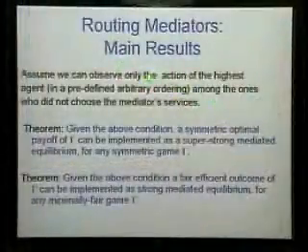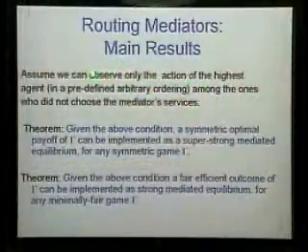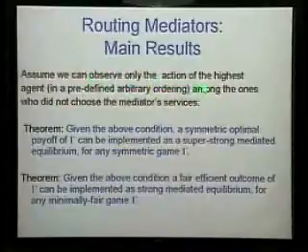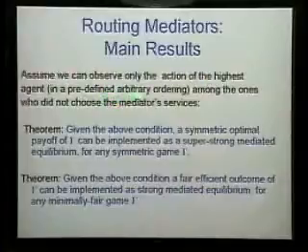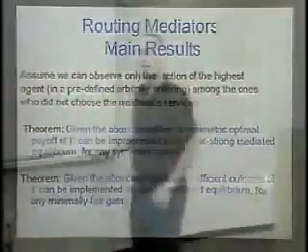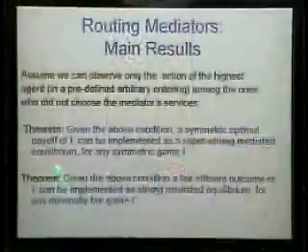For those of you who don't like people that can see everything, I just prepared 2 other theorems. So assume that we can observe only, that's just an example, only the action of the highest agent in some predefined arbitrary ordering among the ones who didn't choose the mediator services, just some bit of information about the behaviors of other agents. Then there are these 2 theorems.